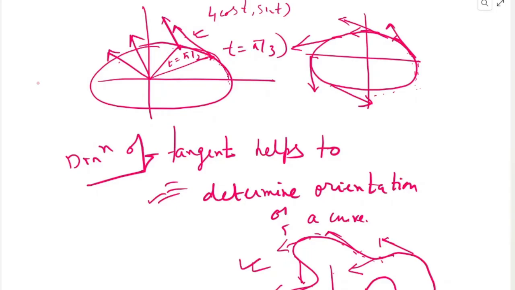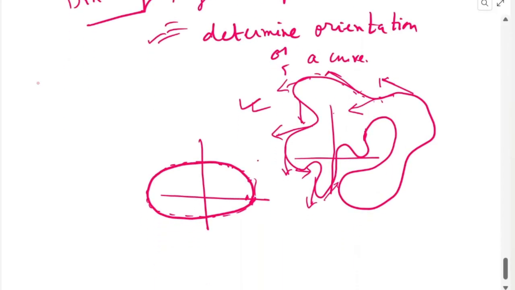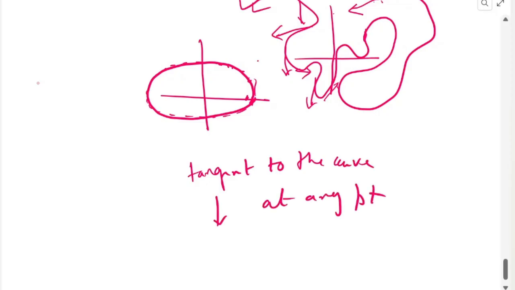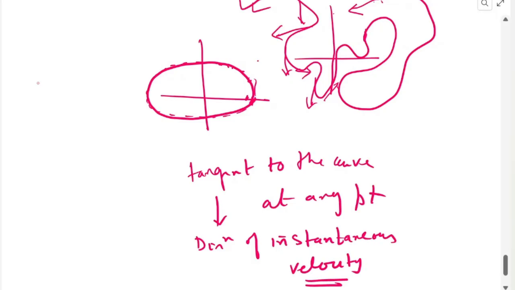In terms of mechanics, those of you from a physics background also have the idea that the tangent to the curve at any point gives you the direction of instantaneous velocity. Velocity means you already know how your displacement is changing with time.